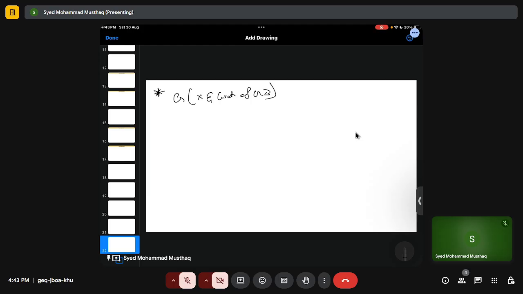Now we know you can write G final as G bulk plus the surface energy.